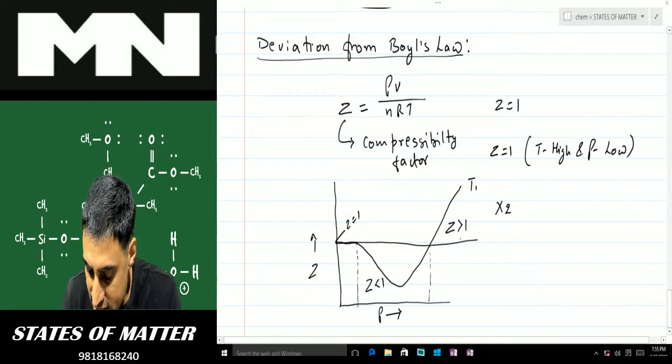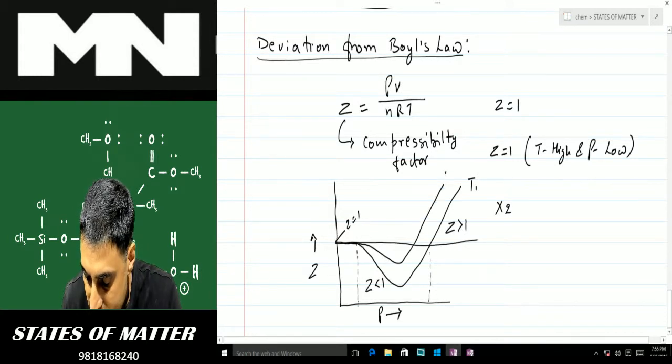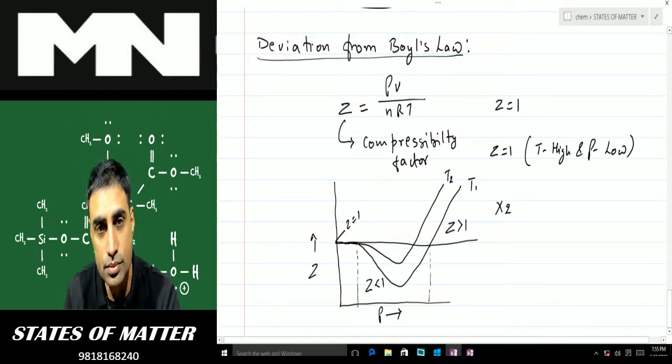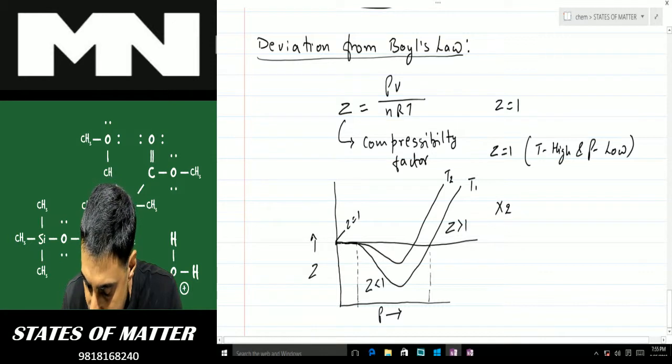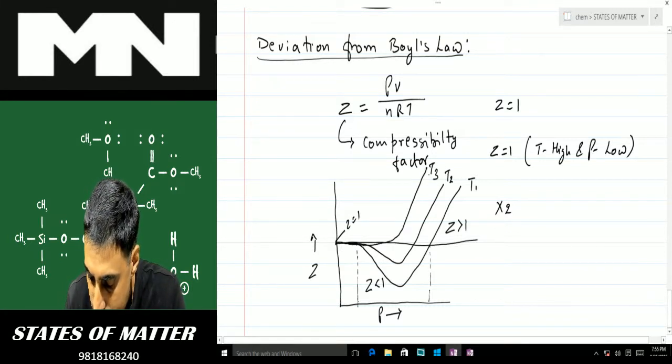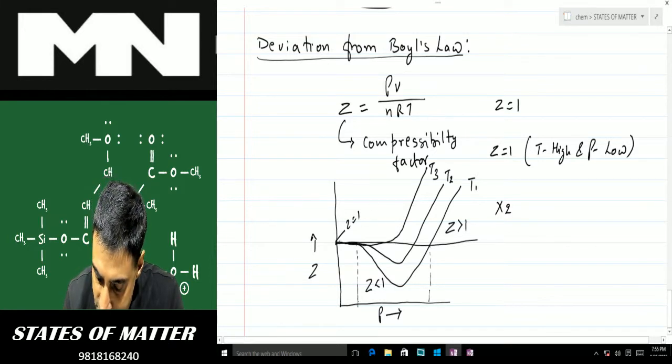Now, if I increase the temperature, the graph will go somewhat like this at temperature T2. Likewise, at temperature T3, the graph will go like this. And at temperature T4, it can go like this.